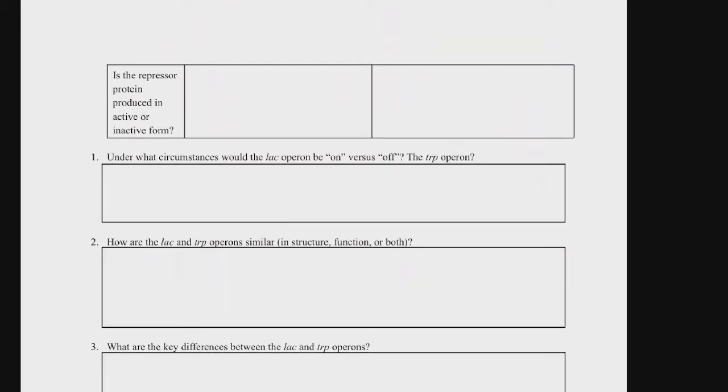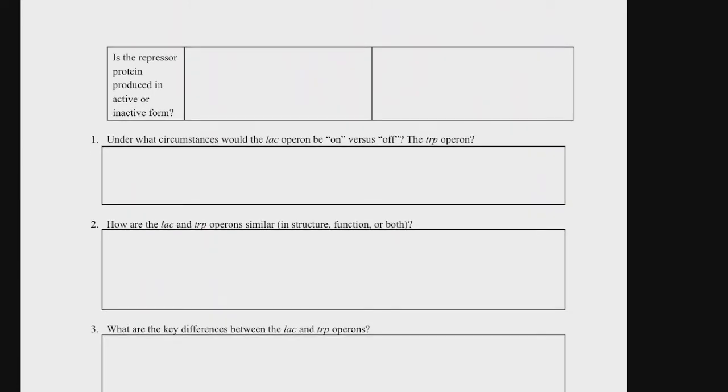The next question is: is the repressor protein produced in active or inactive form? And remember, this is lac, this is tryptophan, that's a Y. The repressor protein for the lac operon is produced in its active form.